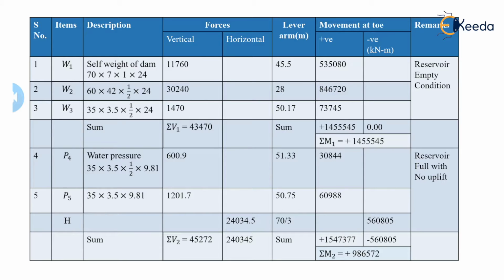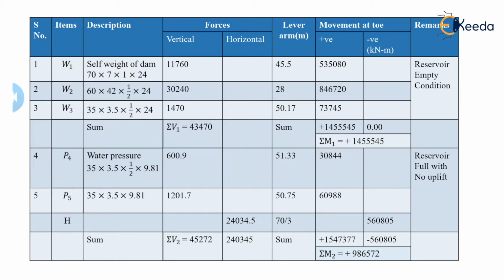See, the horizontal pressure, when it resolves at the toe section, is in a clockwise direction, and we already discussed that for clockwise direction we take the sign as negative, and for anti-clockwise direction we take the sign as positive. Why negative? Why positive?